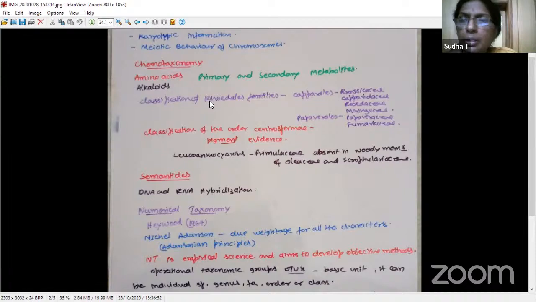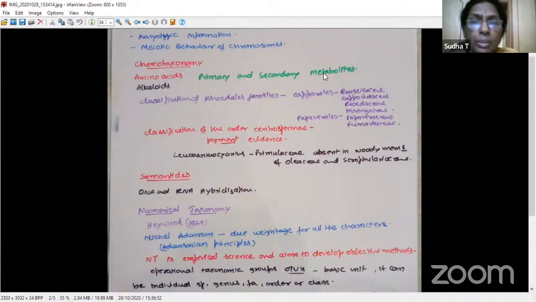If you are trying to relate plants, species, or genera belonging to a family, this appears more scientific, is it not? If the same type of chemical substances are found, it means they are truly related. Like that, the study of secondary metabolites gained so much importance, and that developed as a science called chemotaxonomy.